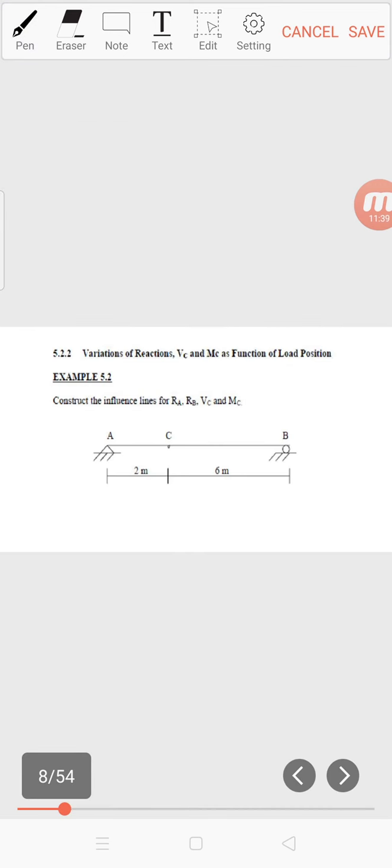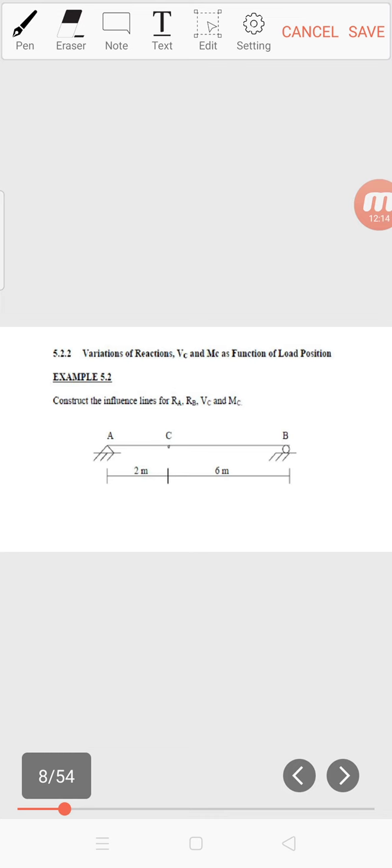Okay, now let's go to example 5.2, variation of reactions VC and MC as function of load position. Okay, now we move one step ahead. This time we are going to find the shear force VC and moment at C. Example 5.2, construct the influence line for RA, RB, VC, and MC.